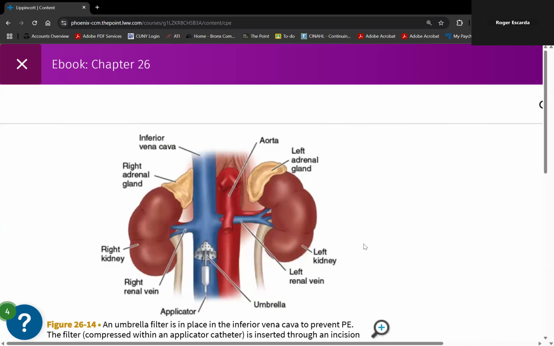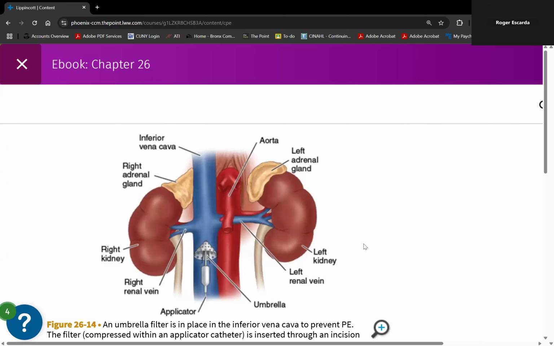For patients who are not good candidates for anticoagulation, meaning too old, 80 years old, what will happen to that 80-year-old? You put them on anticoagulants. One fall, they're dead. They'll bleed to death. Okay, so some people you can't anticoagulate. What's an option? A filter.